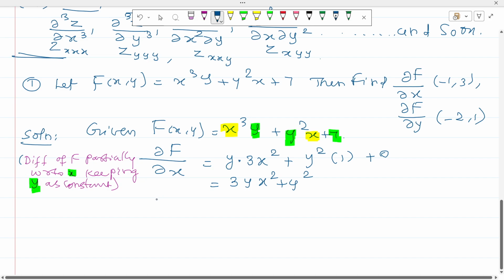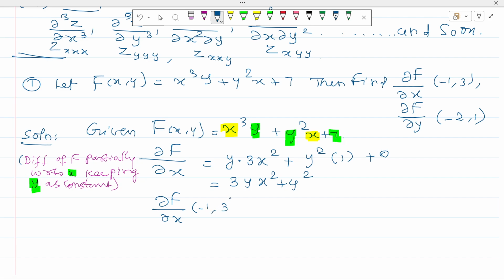Now we have to find dou f by dou x at minus 1 comma 3. That means dou f by dou x at x is minus 1, y value is 3.